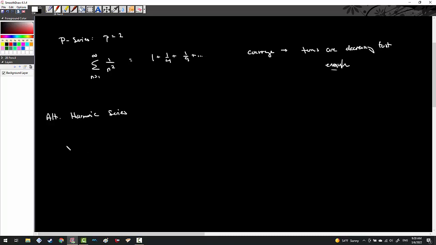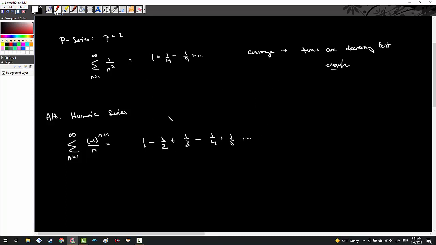What it would look like is this: the sum from n equals 1 to infinity of negative 1 to the n plus 1 over n, where this would now look like 1 minus 1/2 this time, plus 1/3, minus 1/4, plus 1/5, dot, dot, dot.